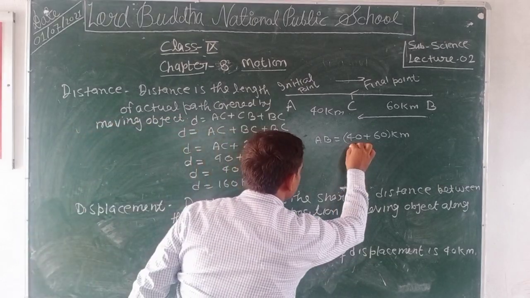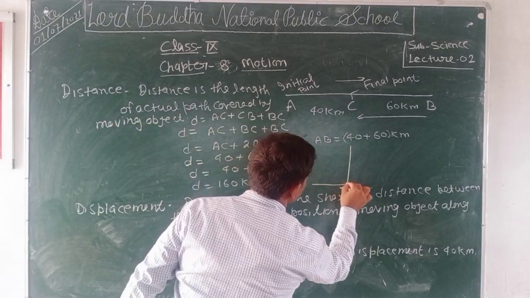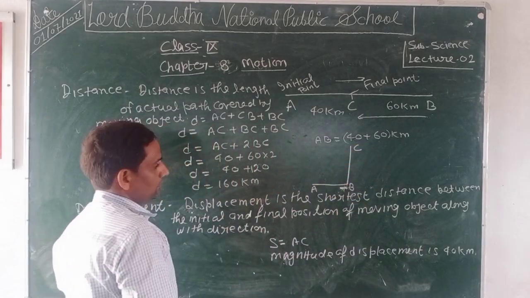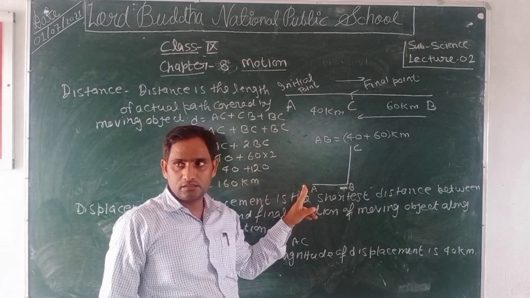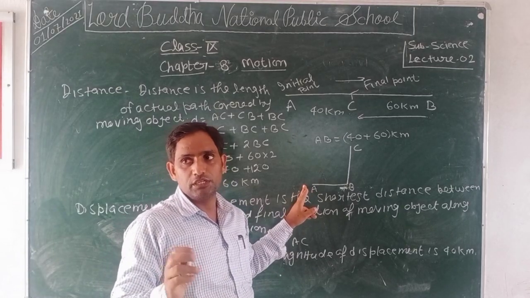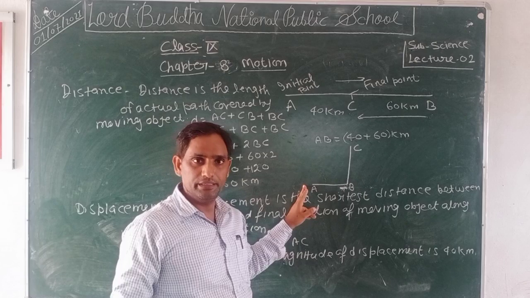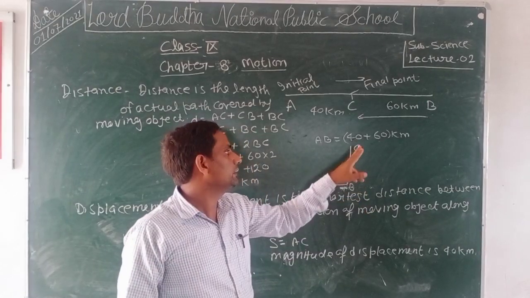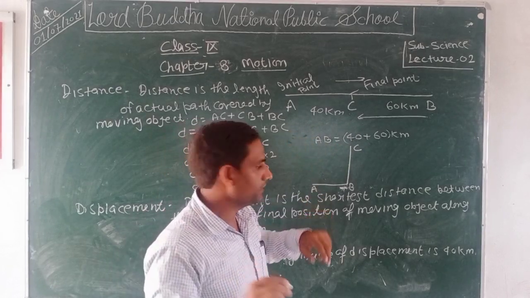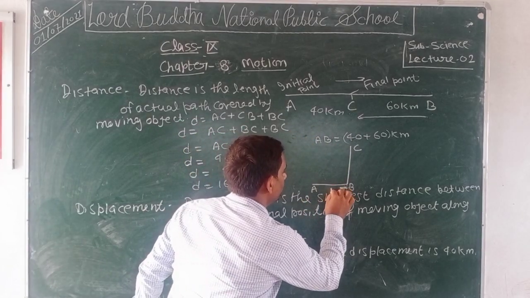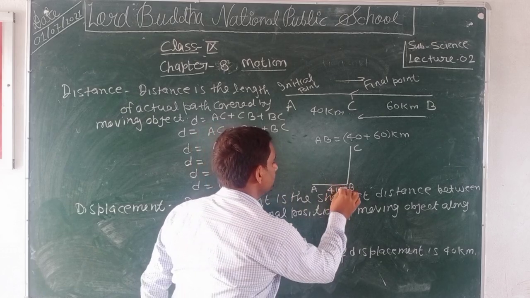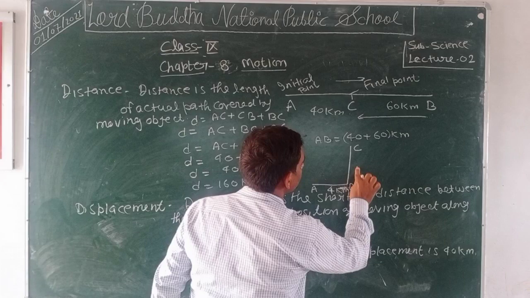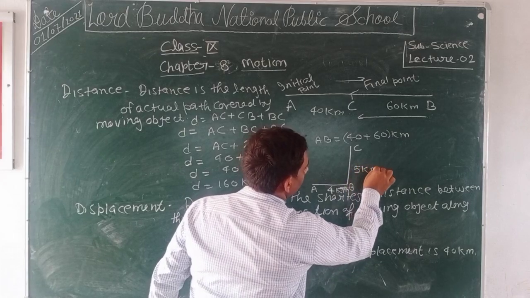The second example has points A, B and C. A person starts his journey from point A, reaches B and then C. The length of A to B is 4 km and B to C is 5 km.